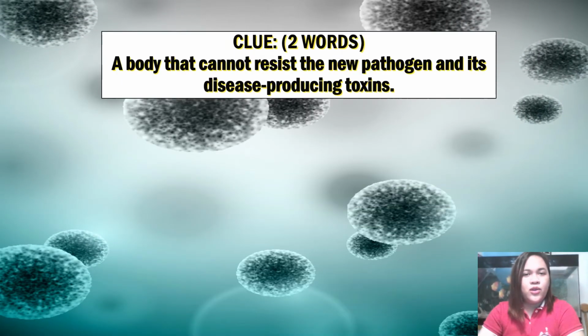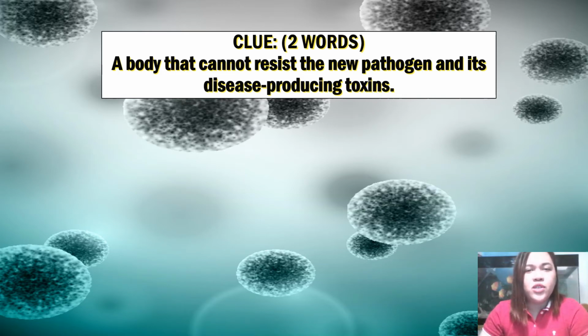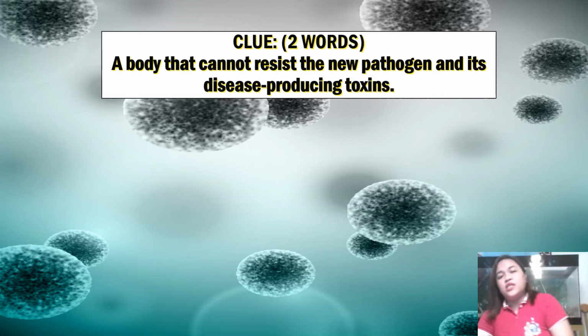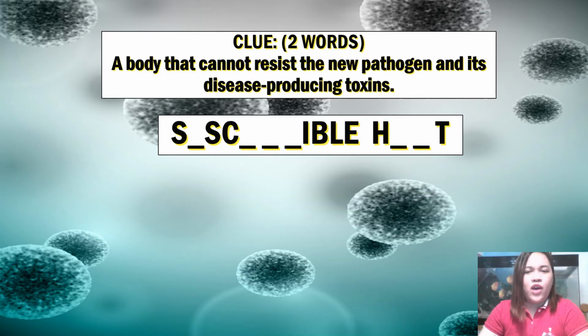Third term that we have to guess. We have 2 words in this, and here is your clue: this is a body that cannot resist the new pathogen, the disease-producing toxins. Okay, you have the keyword. It cannot resist the new pathogen. You have 2 words.